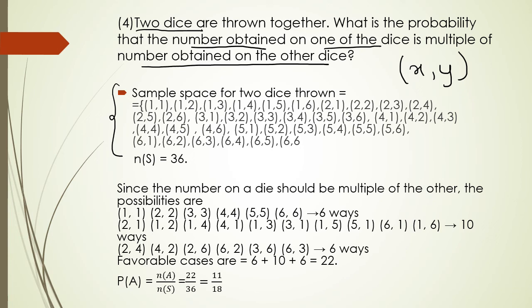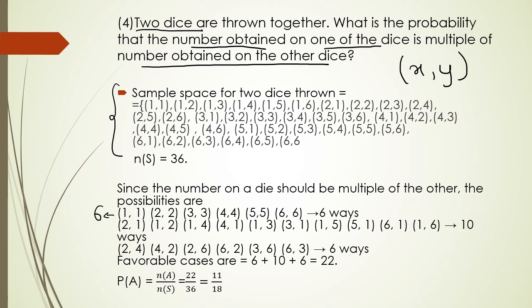The first possibilities, if we look here: first of all, if we take the same numbers, 1, 1, 2, 2, 3, 3, 4, 4, 5, 5 and 6, 6, these 6 numbers are multiples of each other. So there are a total of 6 possibilities for this one.